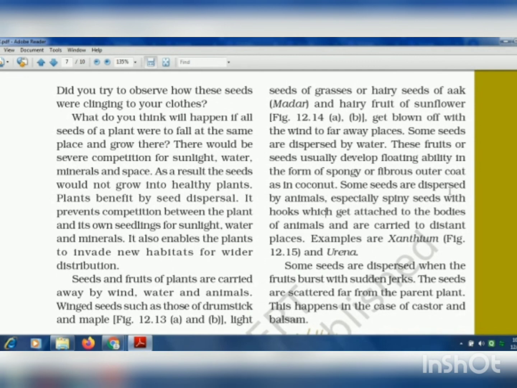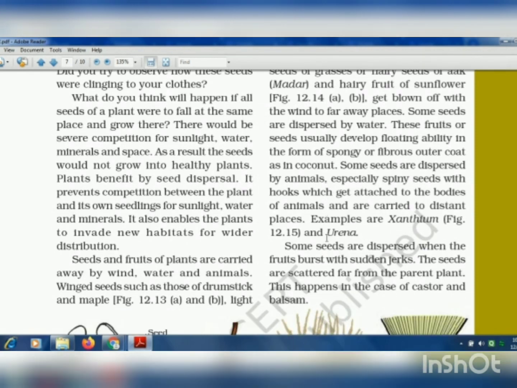Now, some seeds are dispersed by animals. How do animals help in transferring the seeds? Some seeds have spiny or hook-like structures on the outer part of the seed, and when an animal passes through that plant, then that spiny or hooky structure gets stuck to the animal's body, and because of that, the animal carries that seed from one place to another.